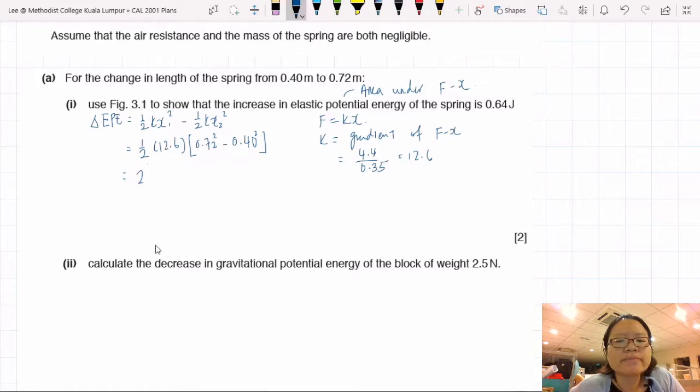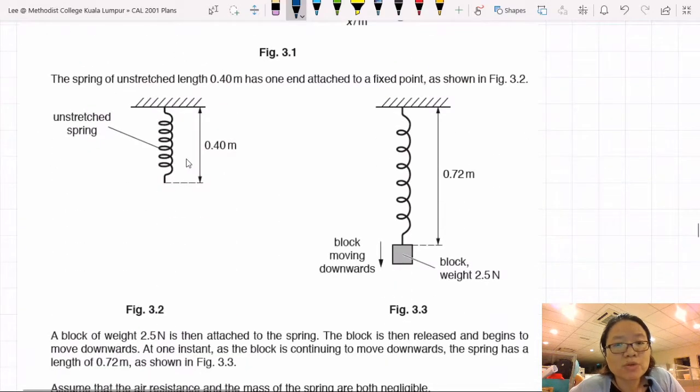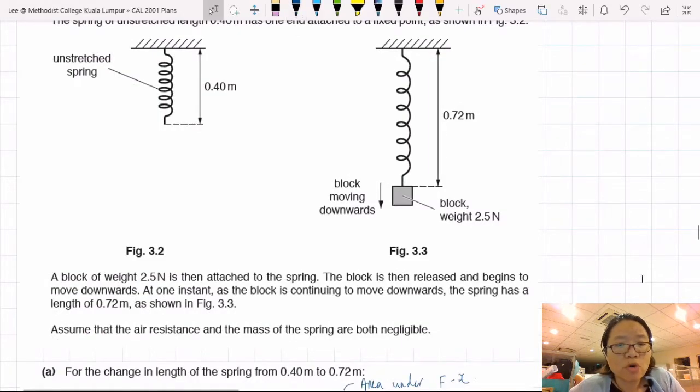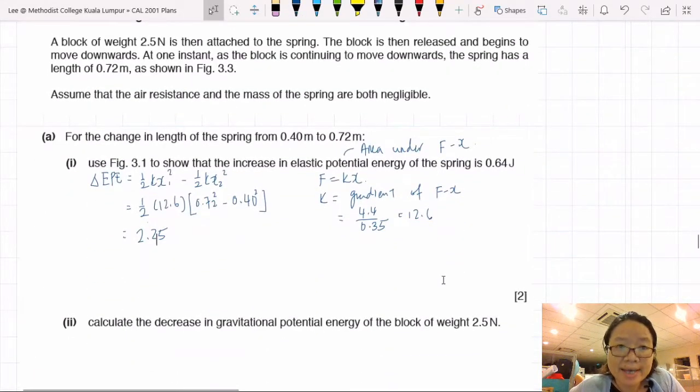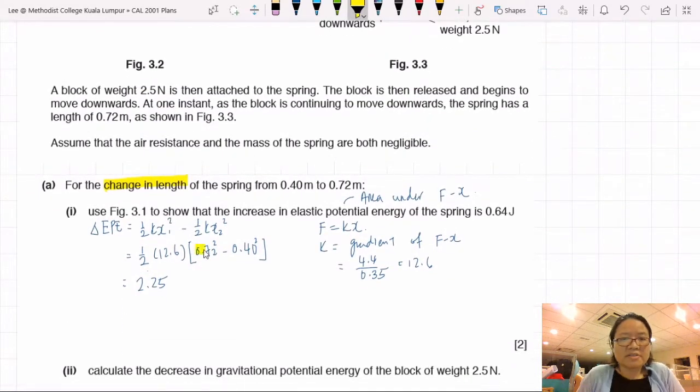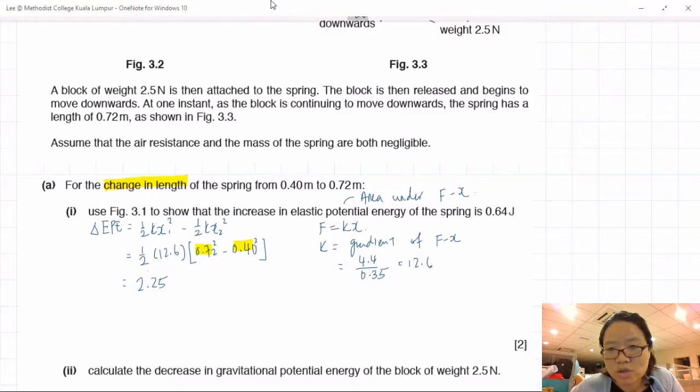Then you might be thinking, why? Now there's a very common problem with spring, because you've forgotten that the spring got original length and then this one is change in length. So your extension actually is not 0.72 to 0.40, right? What should it be then?